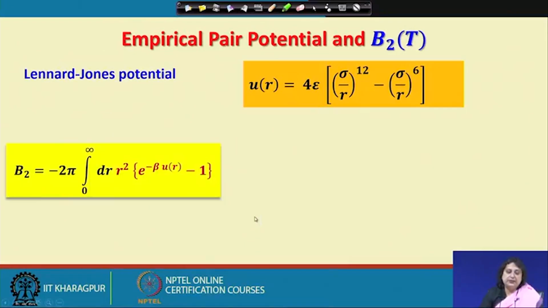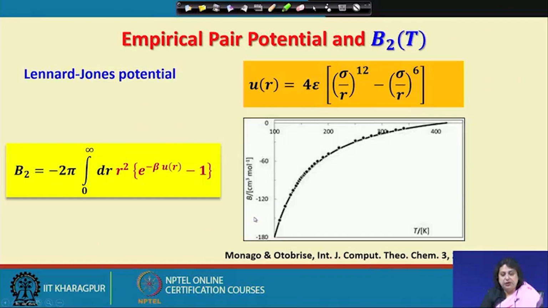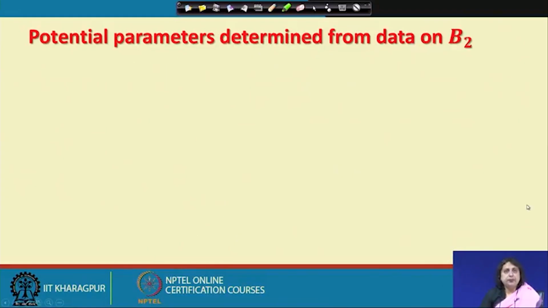And when you put this back into the expression for B2(T) and compare with the experimental data, you find that for systems such as argon, where the molecules are nonpolar in nature, the predicted values of B2 match very well with the experimental data.